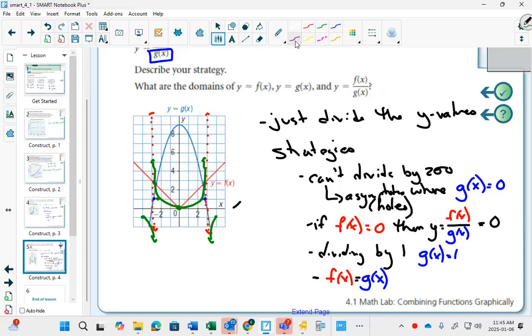And if you had a line divided by a parabola, the degree is bigger on the bottom. What did you get in graphs where the degree was bigger on the bottom? You got an asymptote at y equals 0. So that's giving us a hint. This goes like that.